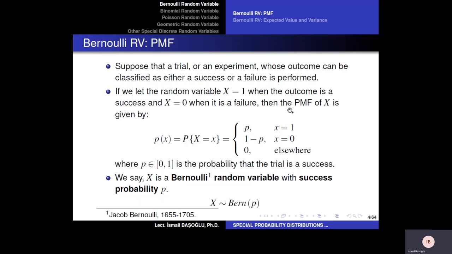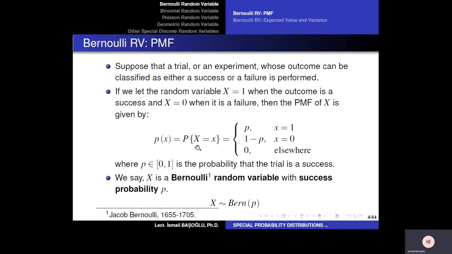in that case, the random variable X follows this probability mass function. If x is equal to 1, the random variable takes the value of 1 with probability p. And the random variable X takes the value of 0 with probability 1 minus p, where p and 1 minus p are respectively the success and the failure probabilities of the Bernoulli experiment.